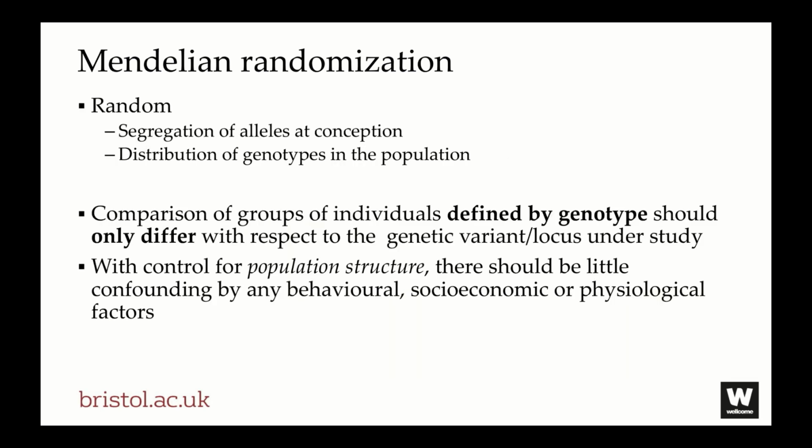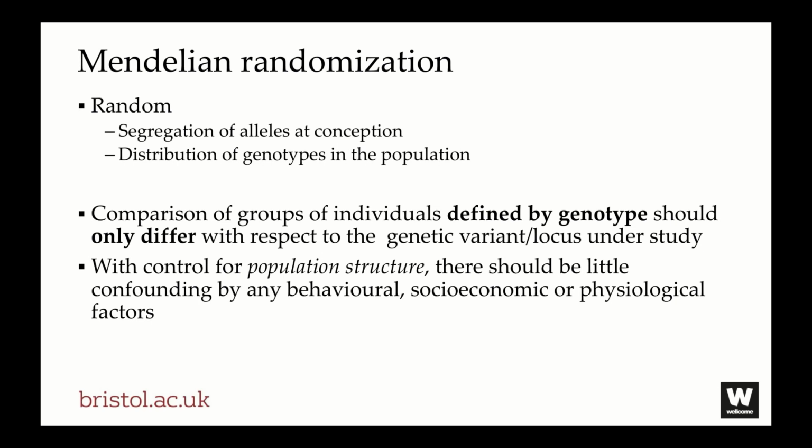And we can use this because of two main random events. First, we have random segregation of genetic variants or alleles at conception. And then we have a random distribution of genetic variation at the population level, much like a trial, rather than literally randomly assigning someone an intervention. We have a randomly assigned population of genetic variation, which we can use with MR.